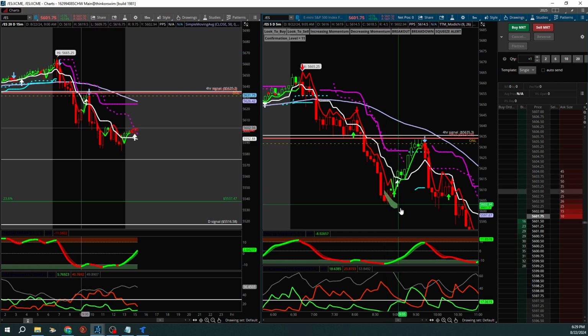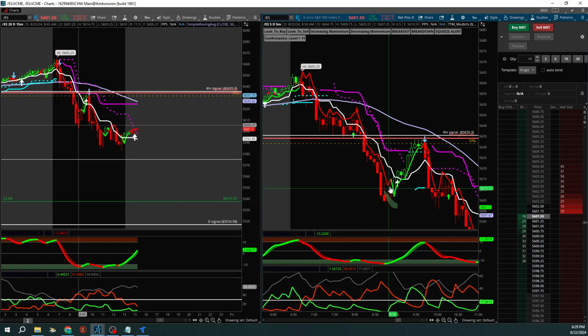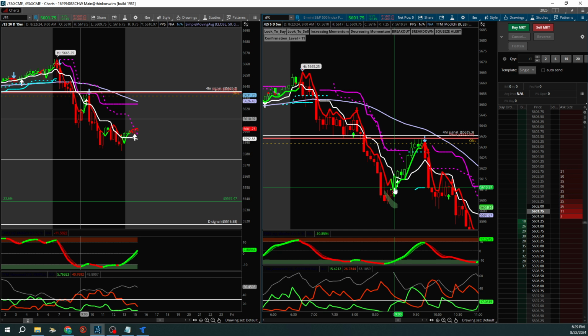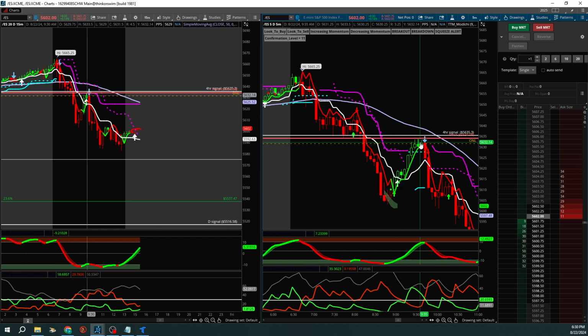The cloud formed on this particular candle, and then the next candle we saw the green dot telling us the reversal is coming, so you better protect your profit right here. From the 56.53 entry to about 56.10 was our exit. That was trade number 1.